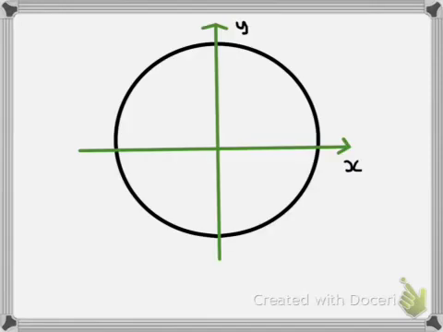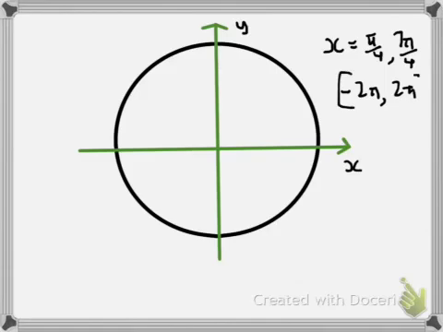Okay, so our two solutions so far are pi on 4 and 7 pi on 4. They're our solutions from 0 to 2 pi. But what about the fact that our domain this time is negative 2 pi to 2 pi? Where are these negative solutions going to come from?